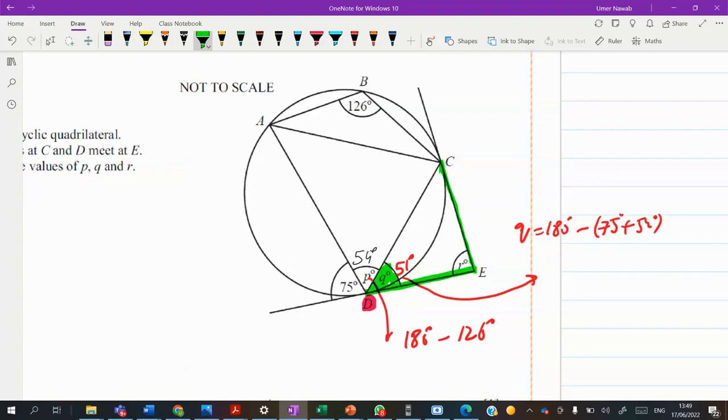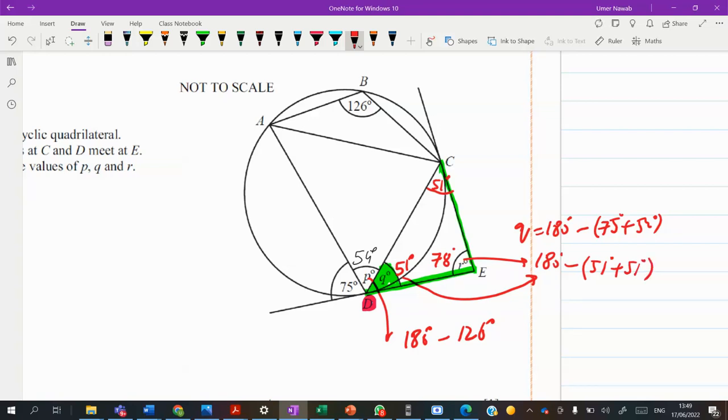So it makes an isosceles triangle. This is 51. This is also 51. I can find this angle, which is found by the angle sum of a triangle. So it gives me 78. 180 minus 51 plus 51.